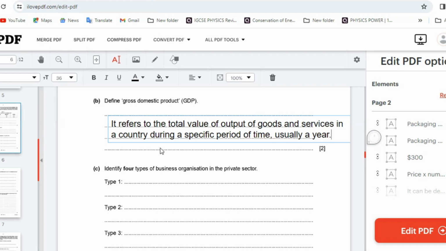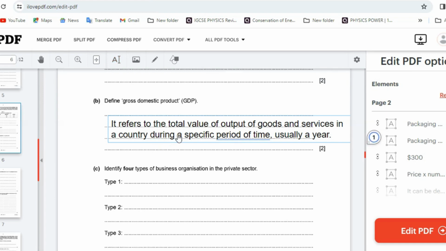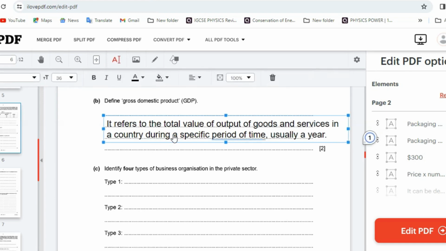We have our full stop. We have defined what our GDP means.